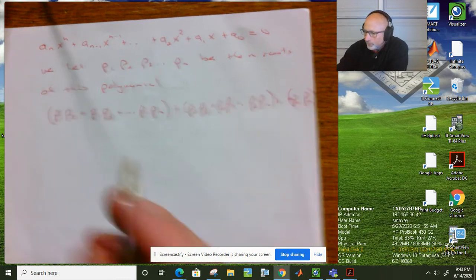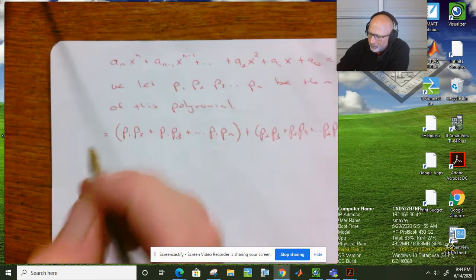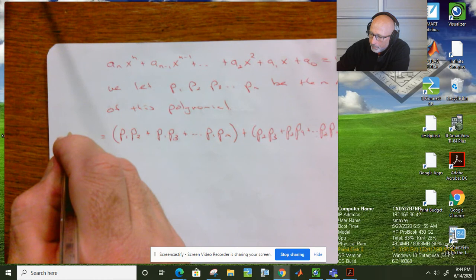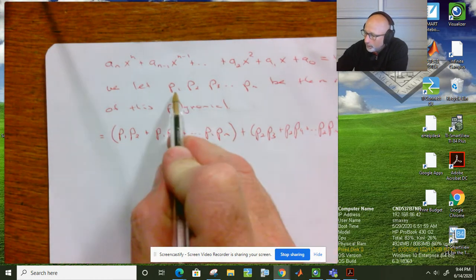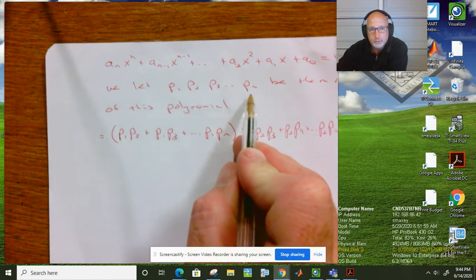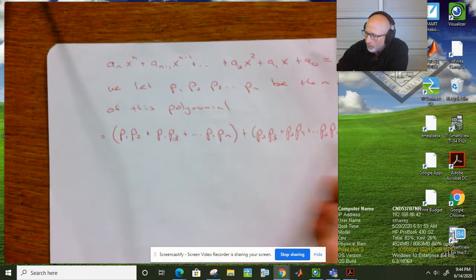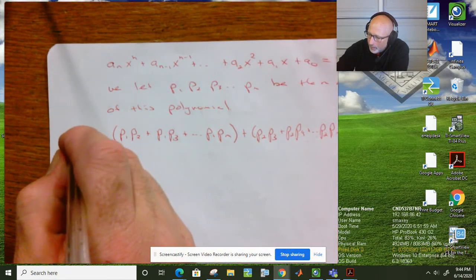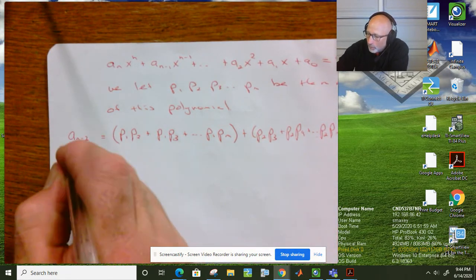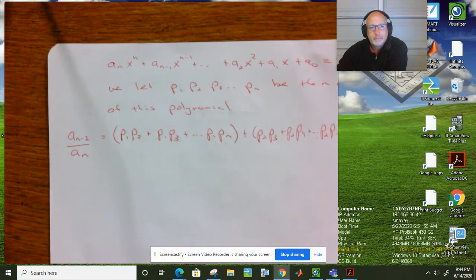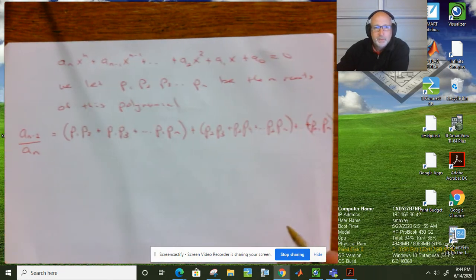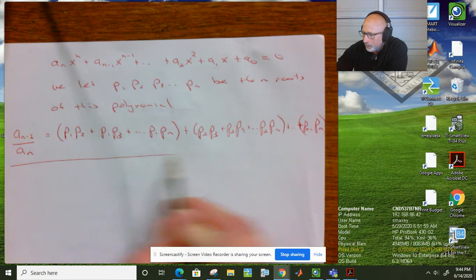So what is this equal to? According to this equation, where these are the roots that go right here, this is equal to a of n minus 2 all over a of n. So this is the last formula that you need to know.